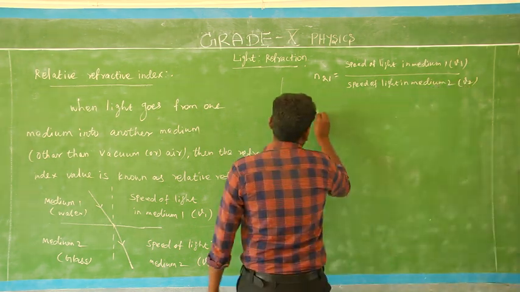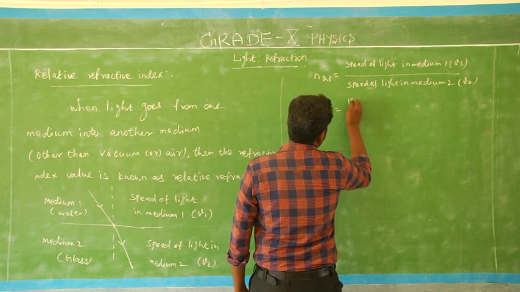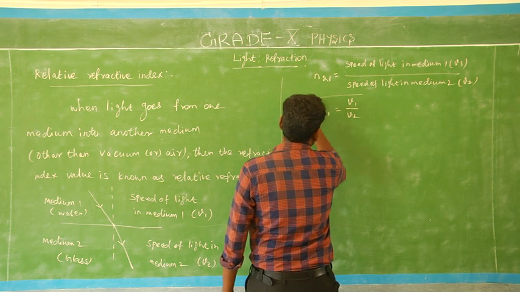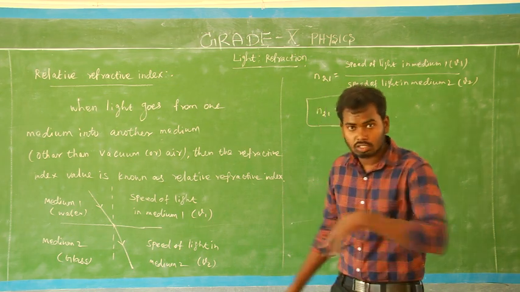So n21 equals v1 divided by v2. This formula is already well known.